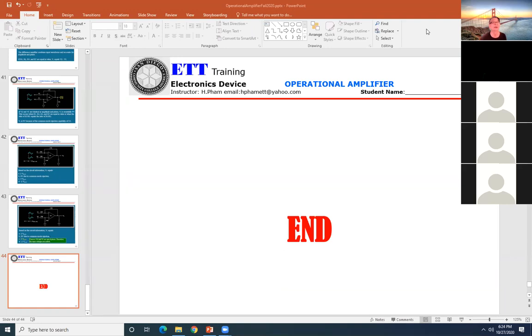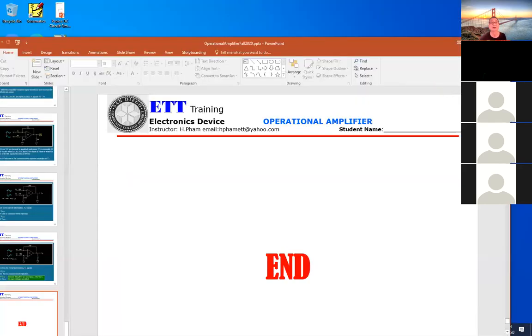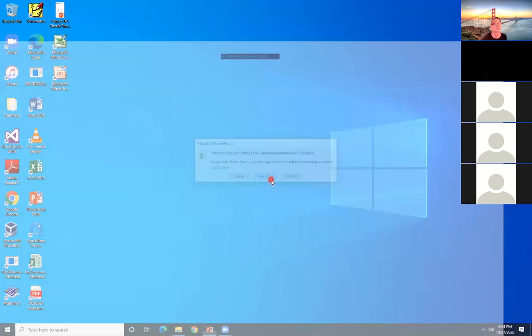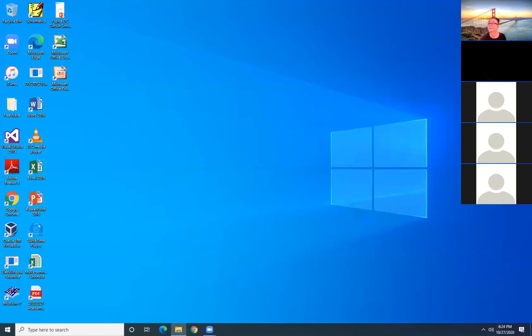You will get more assignments on the op amp. Any question on the op amp? If not, then we can go to filter. Good job, everyone.